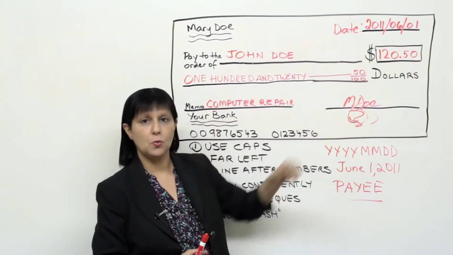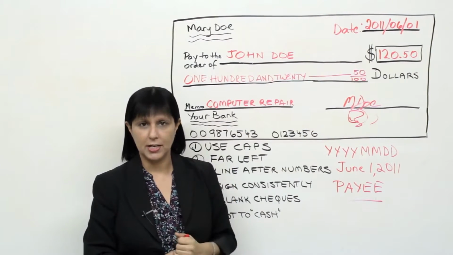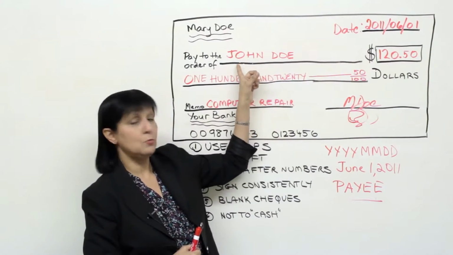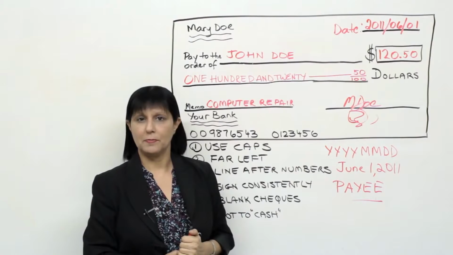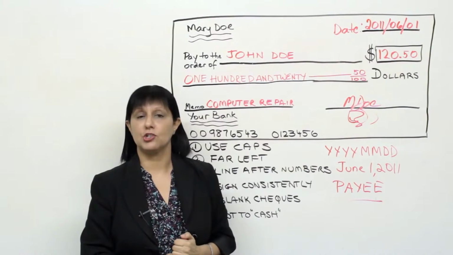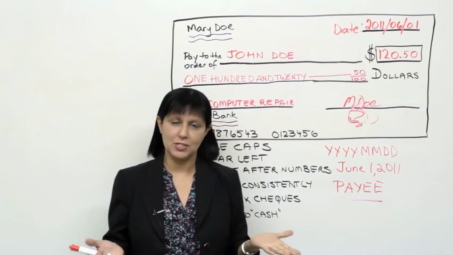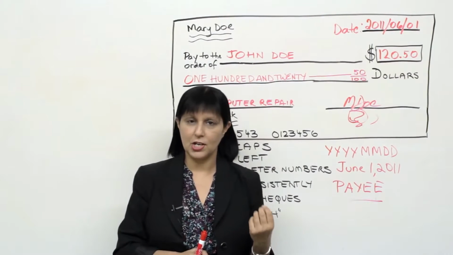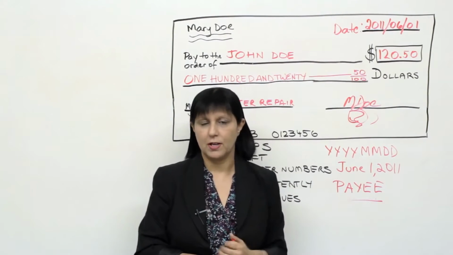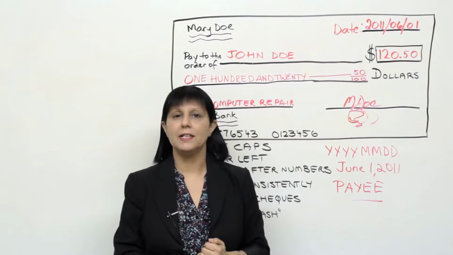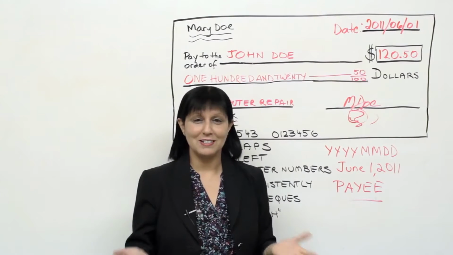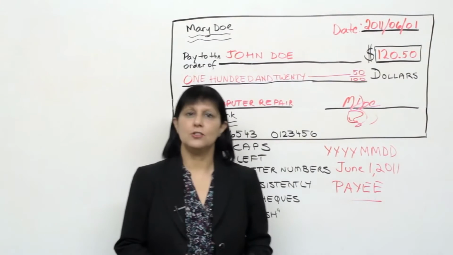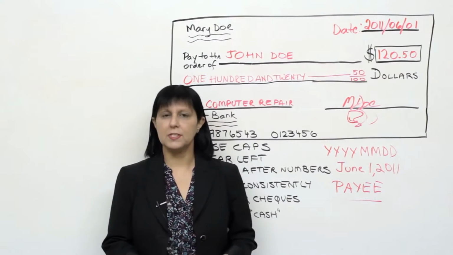So if Mary Doe wanted to withdraw cash using a check, she should sign it Mary Doe, and the payee would also be Mary Doe. It should not say "cash," because again, if you lose that check or drop that check somewhere, anybody can take that check and try to withdraw your money. Okay? And of course, most important, when you write a check, try to make sure you have money in the bank.